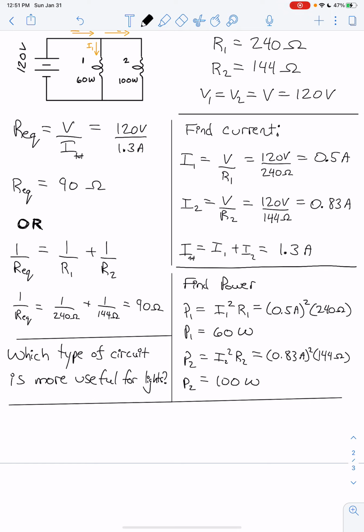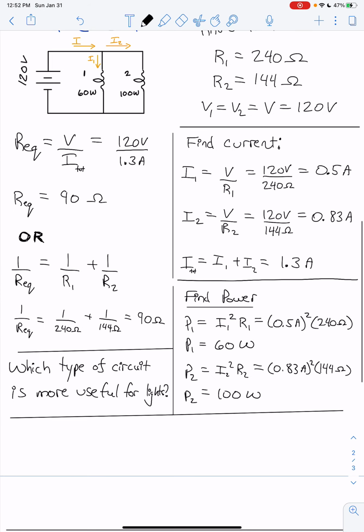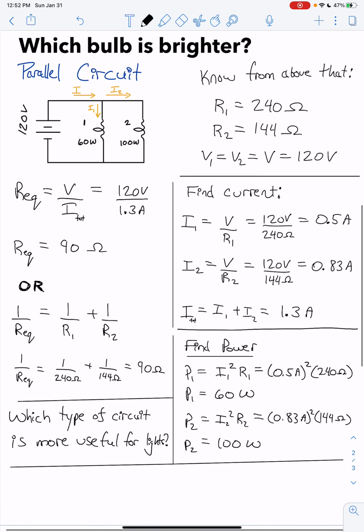Well, one might argue persuasively that parallel circuits are more useful because they're able to provide us with this power that's aligned with the ratings that are labeled, and so we get more power, we get more light. So that's good, right? Are there any trade-offs here? There is a trade-off, and give a moment to think about what that trade-off is. Is there a danger here?